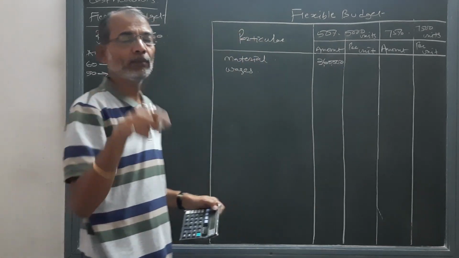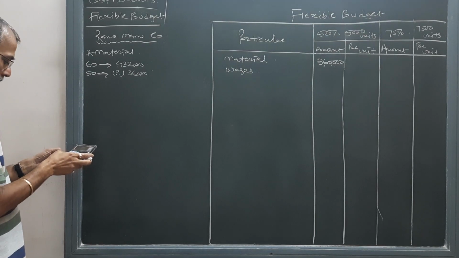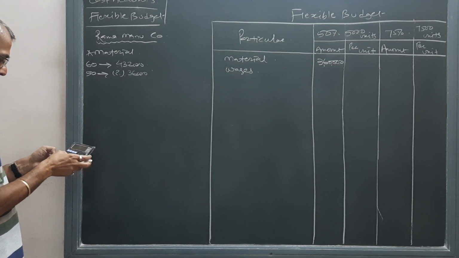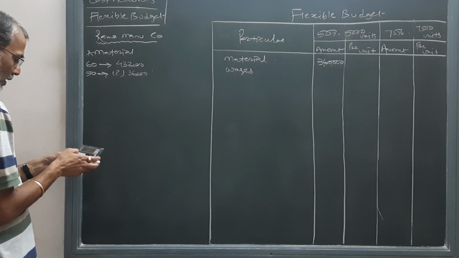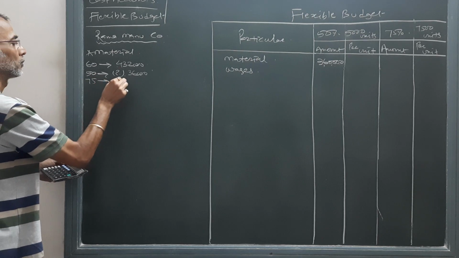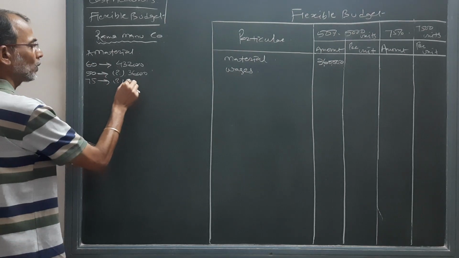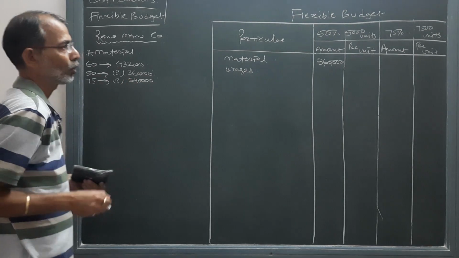And it will be the same for the 75% capacity. 4,32,000 divided by 6 into 75, that is 5,40,000.